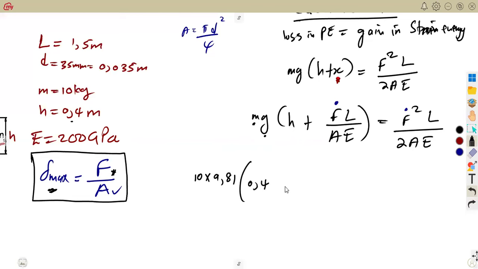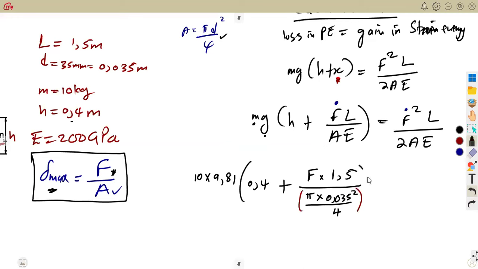So that is 0,4 plus FL, that is force, which is the one that you need, times L. So we do not have the force, but we have L, the length, which is 1,5. So that is simply times 1,5. Everything over what? The area. Remember I said we can calculate the area, pi d squared over 4. So that was simply pi times d, the diameter, 0,035 squared over 4. So this is your area.